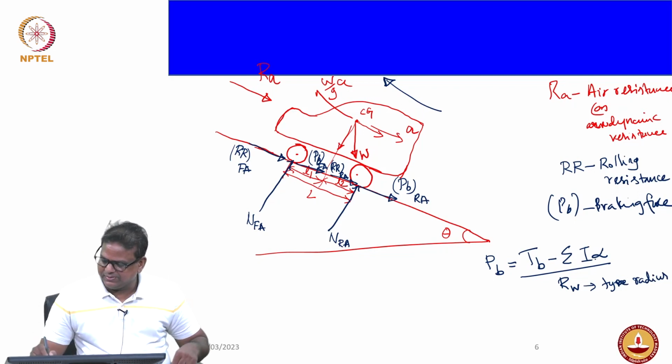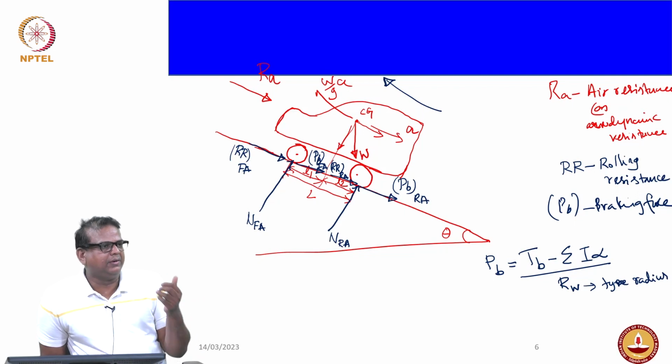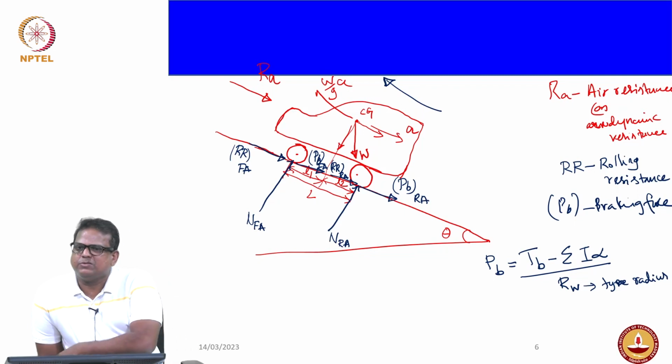Now that is generic, but in realistic condition, the overall retardation effect is a combination of your braking effort, rolling resistance, aerodynamic resistance, gradient, and transmission resistance also.